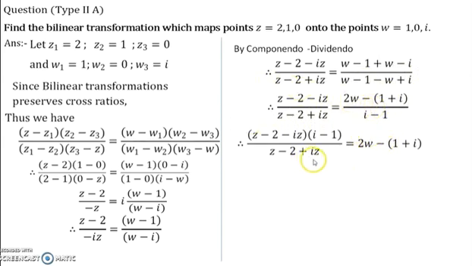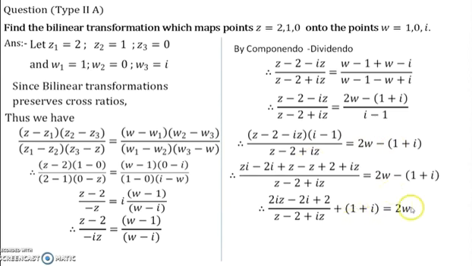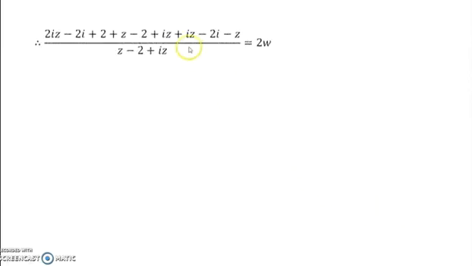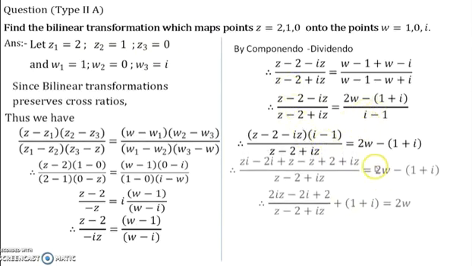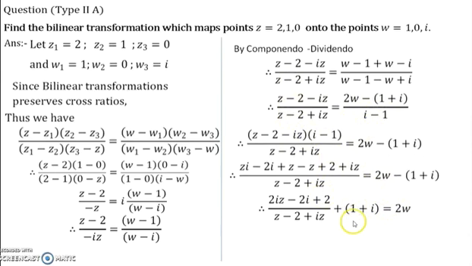So next I am multiplying the right hand side denominator into the left hand side, and I will get the terms like that. So next simplification gives the terms finally like this.